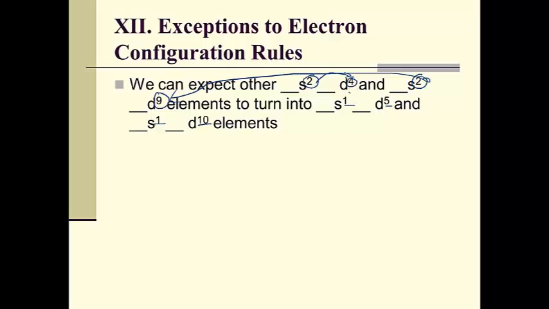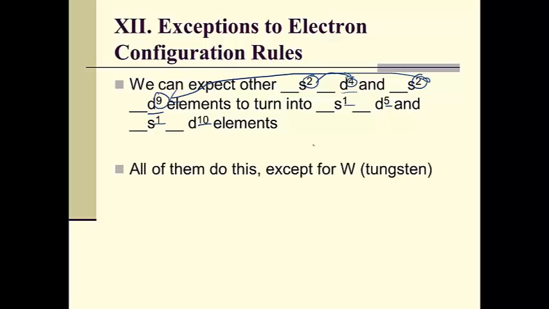It should be the ones right below chromium and copper. All of them do run this exception, except for tungsten. Tungsten doesn't run it, so tungsten is an exception to the exception. Tungsten keeps its s2d4 configuration.